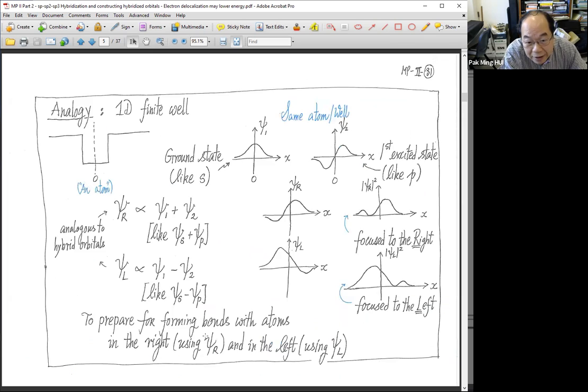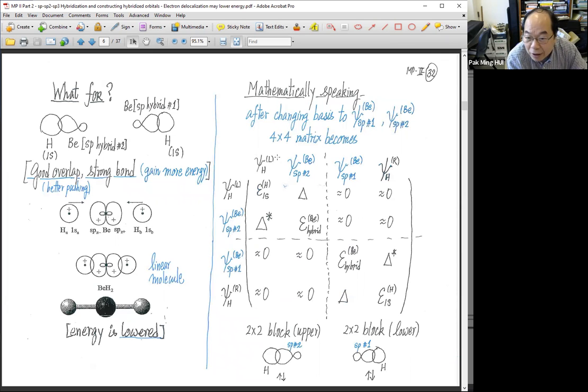So after that, we can rewrite the 4x4, but now in this new basis. Okay, and here's the punchline. I haven't shown you all the numbers because it's quite difficult to calculate all the things. But here is the key idea, why we want to describe it this way.